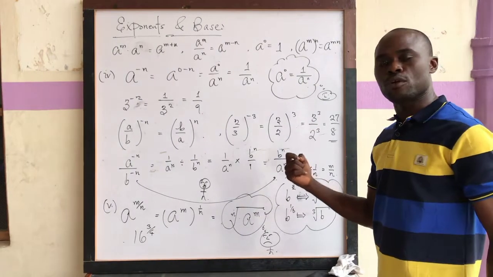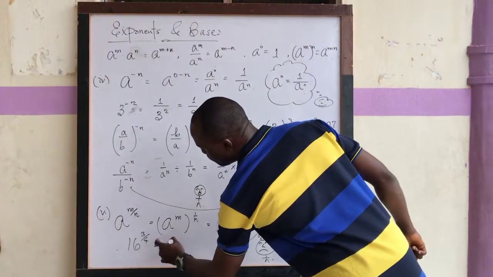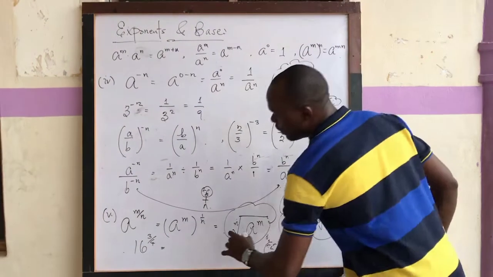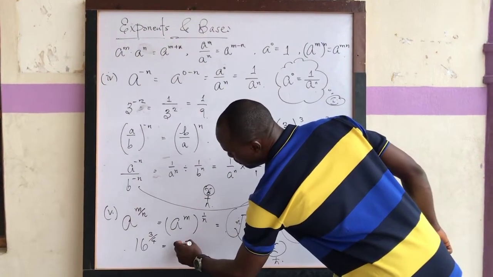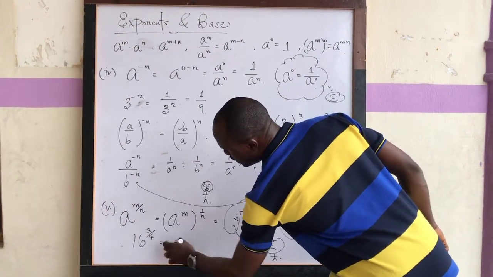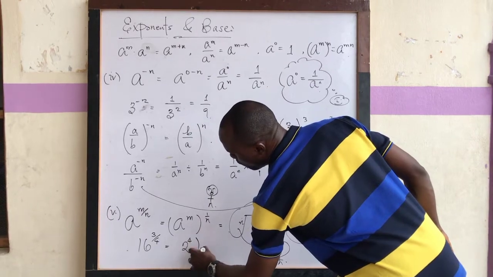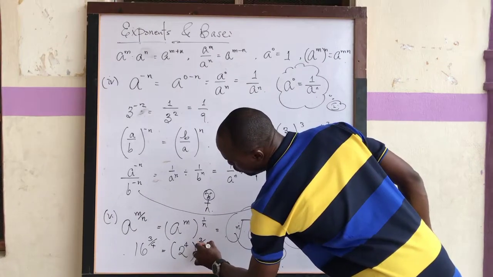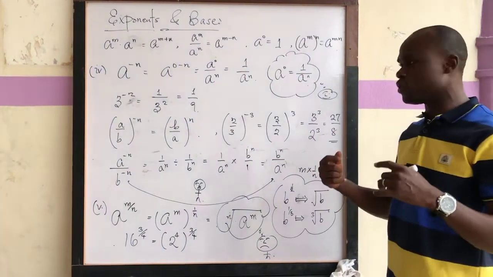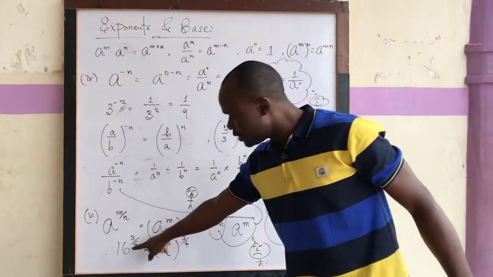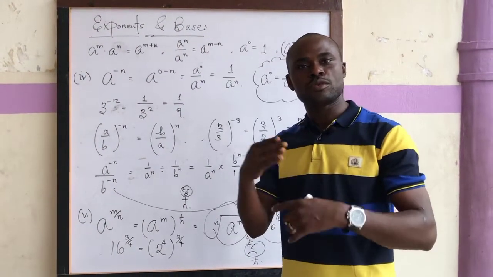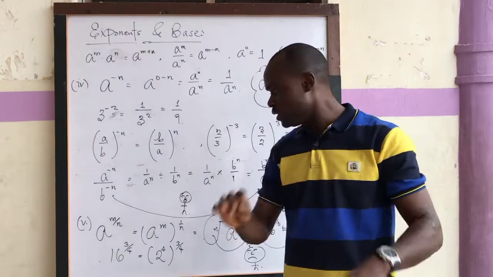16 raised to the power of 3 over 4 will simply give us a very beautiful value. 16 is actually 2 raised to the power of 4. 16 is 2 times 2 times 2 times 2, in 4 places.